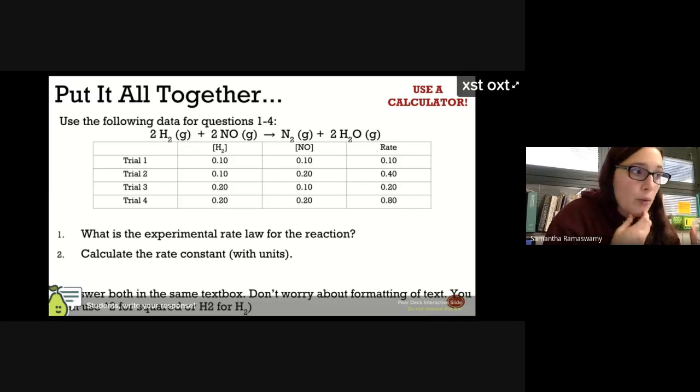Remember, the rate law is not based on the balanced equation. It's based on the data.